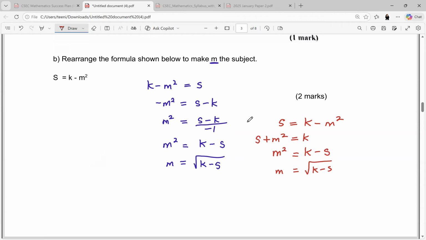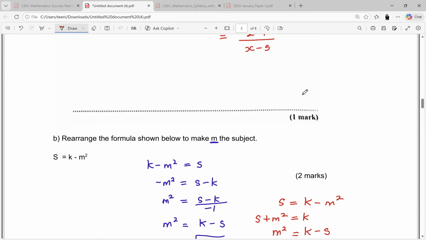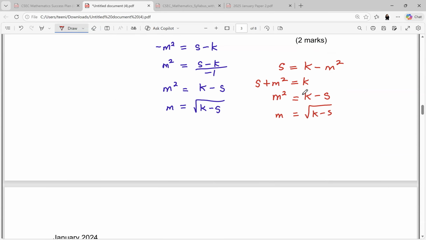Guys, I also want you to know that these questions so far, they're all like 2-mark questions, 1-mark questions, etc. Don't let yourself get hung up on these small questions. It's not going to be detrimental to lose 2 marks. Of course, you don't want to, but this is question 2 of the paper.